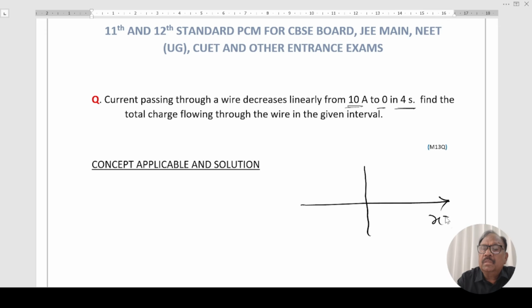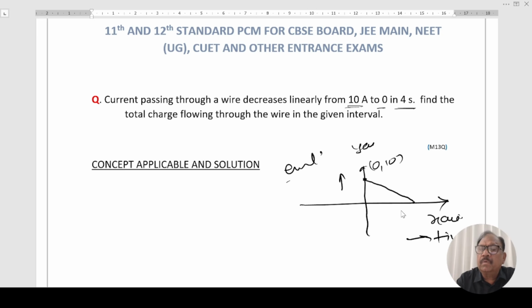This is the x-axis, this is the y-axis. On the x-axis we have taken time, on the y-axis we have taken current. 10 ampere, this is 0, 10. Reduces to 0 in 4 seconds.